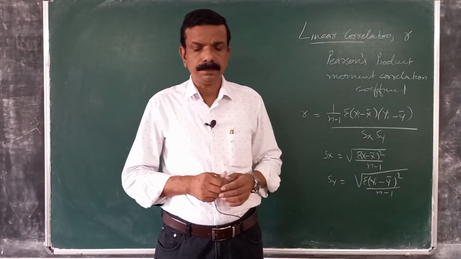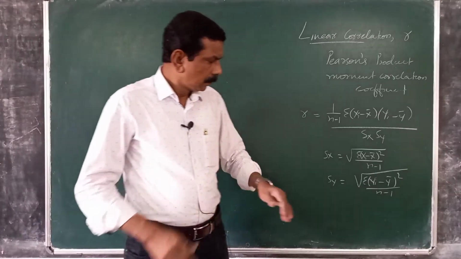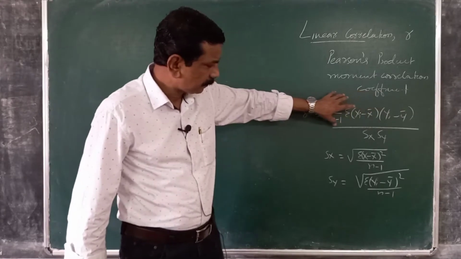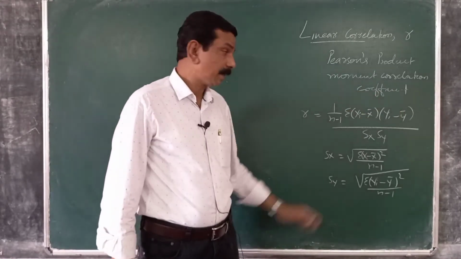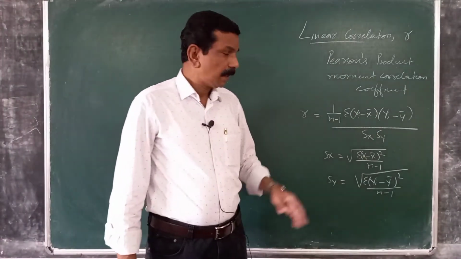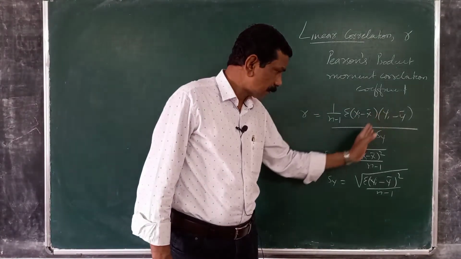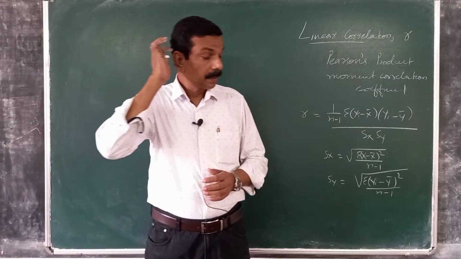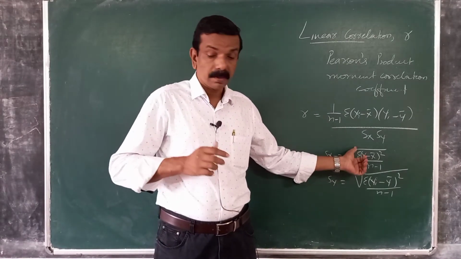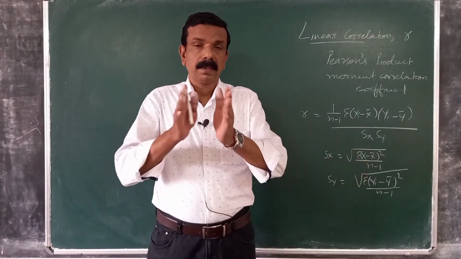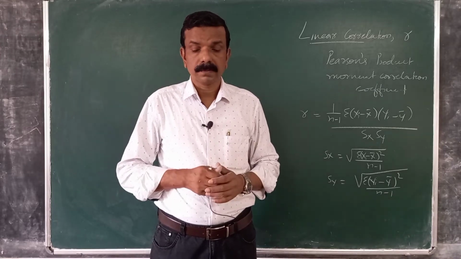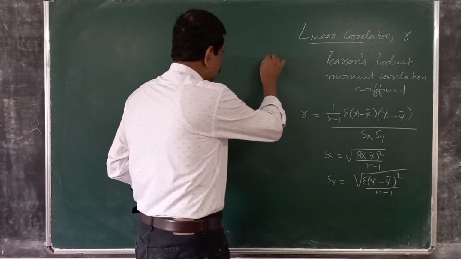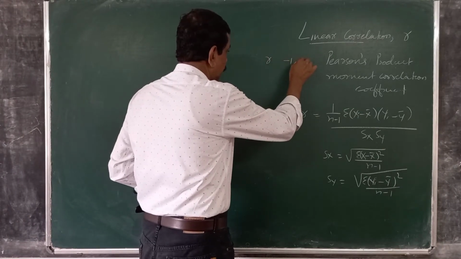Since the numerator is a measure of association, covariance, as we divide this with the standard deviations Sx and Sy, we can show that R always lies between minus 1 and plus 1.